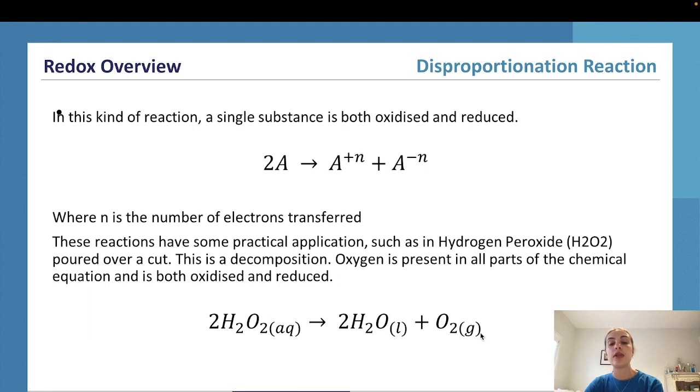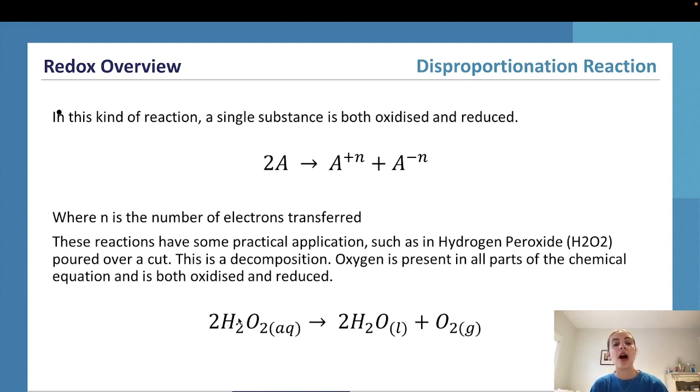Then when we look at O2 here, O2 follows rule 1, where each oxygen atom is going to have an oxidation number of 0, and the entire compound is going to have an oxidation number of 0 because it's entirely made up of only one type of element. So in that case, we're going from -1 to 0, so that's a loss of 1 electron.